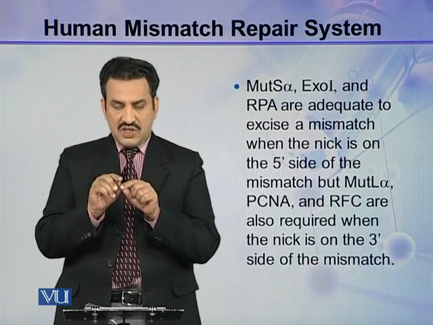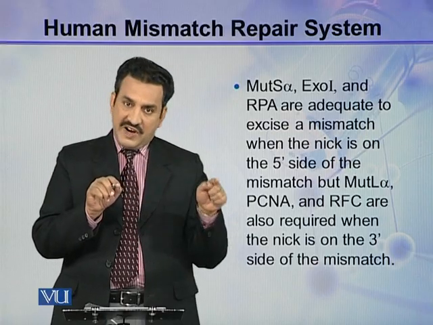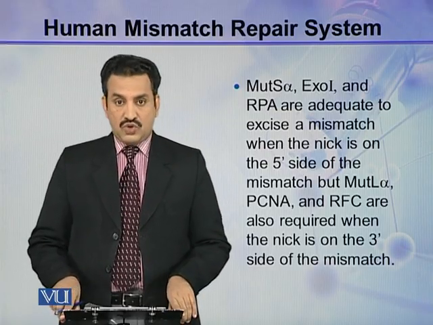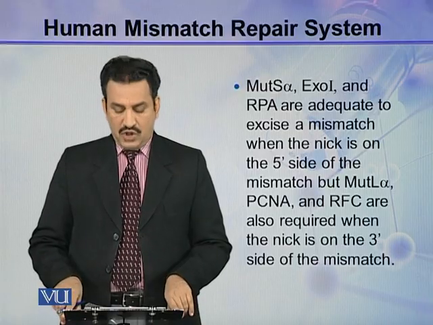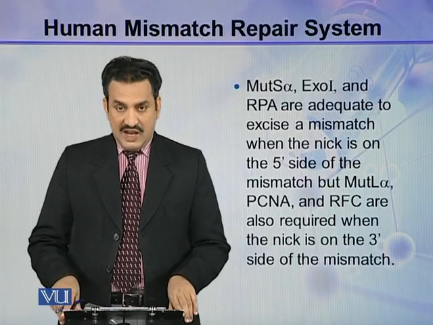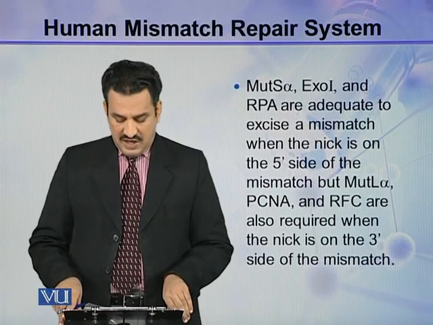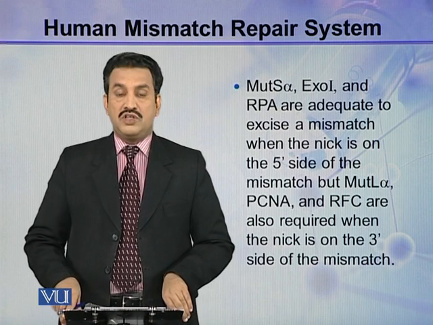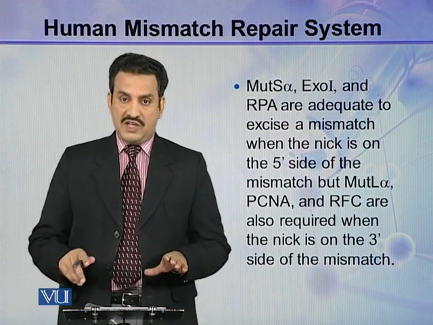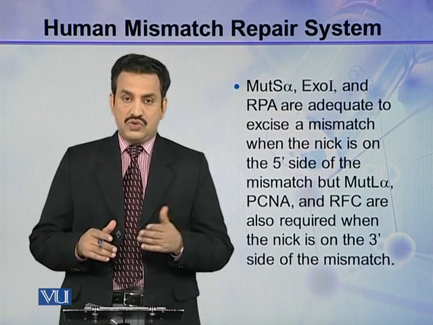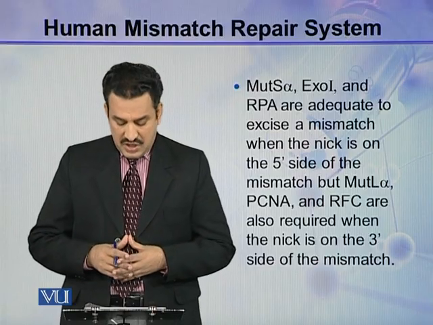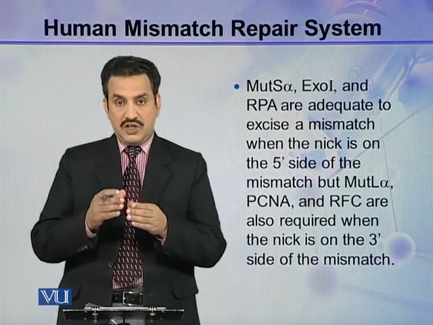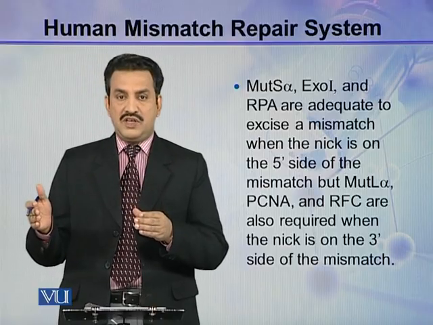If the nick is on the 5' side, then these three, MutS alpha, Exo1, and RPA, are required, while MutL alpha, PCNA, and RFC are also required when the nick is on the 3' side of the mismatch. So in addition to the above three factors, these three more factors are required when the nick is on the 3' side of the mismatch.